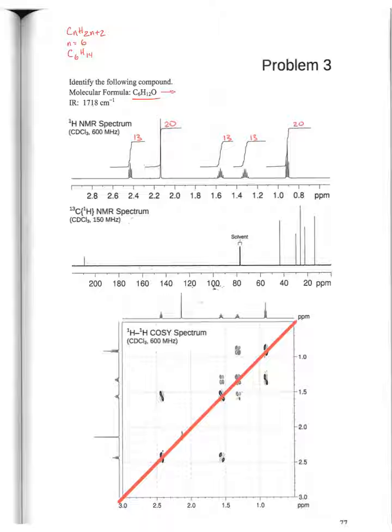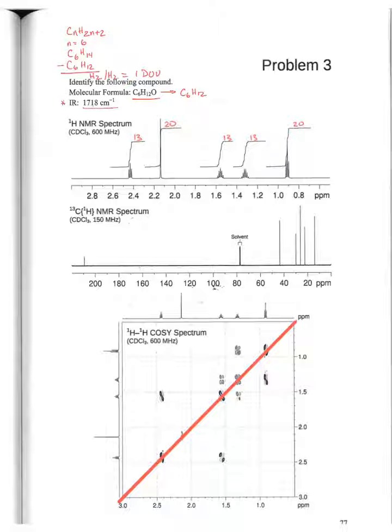So we have to modify what we are given to get rid of the heteroatom, and basically oxygen neither adds nor subtracts to the hydrogen count, so we have C6H12. And we're going to take that and subtract it away from what it should be to get H2, and we know that a molecule of H2 is equal to a degree of unsaturation, so we actually get 1 degree of unsaturation.